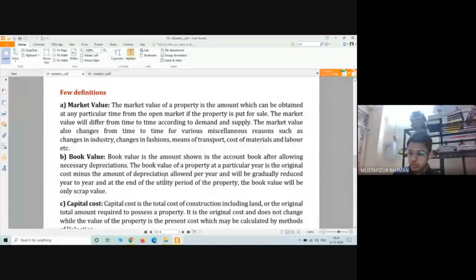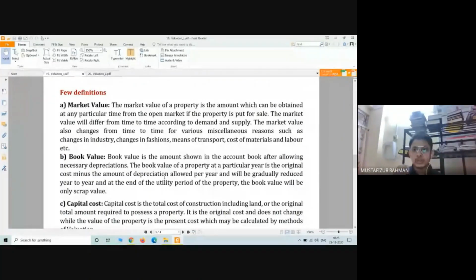It is not only dependent on the structure, how old it is. It's not on that only. The market value will depend on how much value the property can give you in the market if you sell it at the moment.